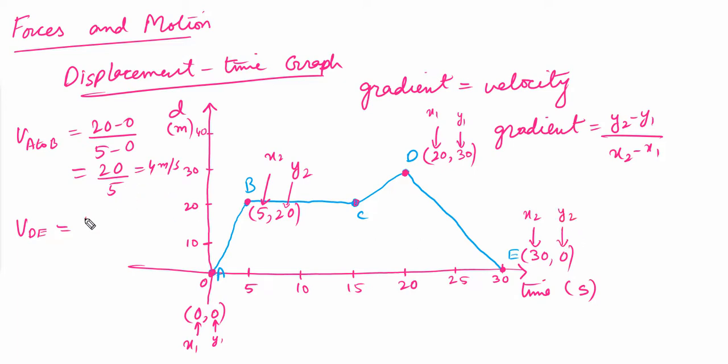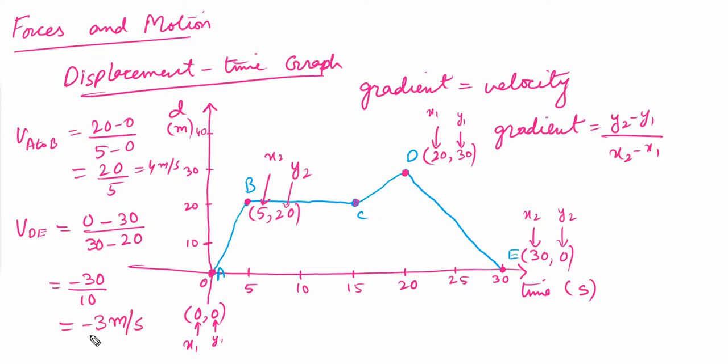So I'll write it as like this: 0 minus 30 divided by 30 minus 20. So 0 minus 30 is minus 30, and 30 minus 20 is 10. So the answer will be minus 3 meters per second.